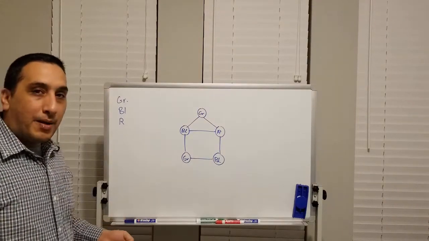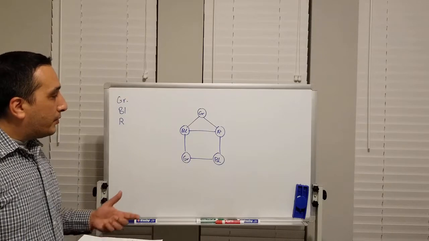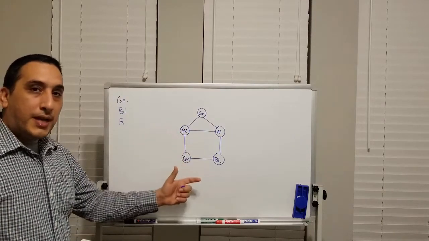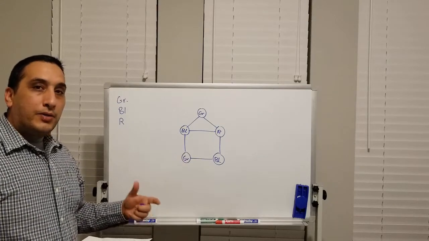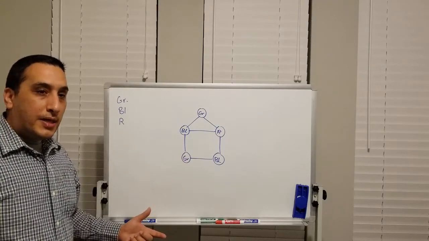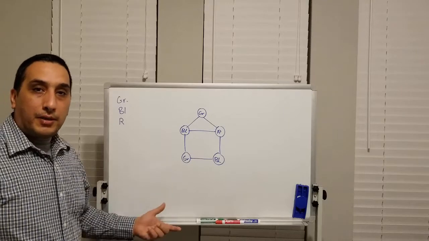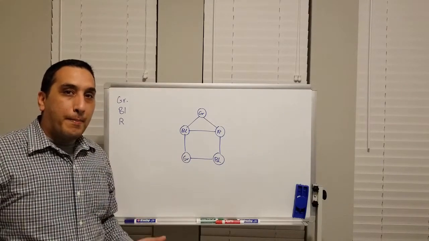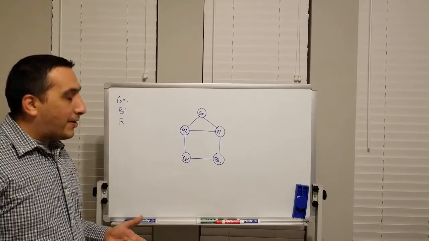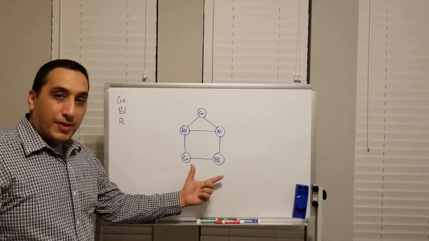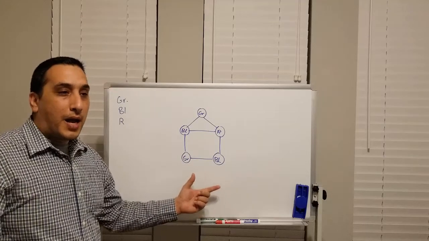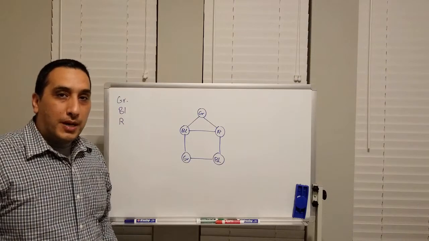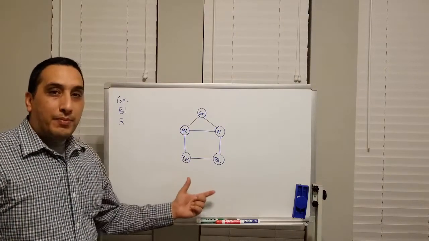Basically, we're trying to assign three colors to vertices in a graph in a way that no adjacent vertices have the same color. Although it sounds really easy, ironically, this problem is a hard problem that we can't solve in polynomial time. And it is actually NP complete.